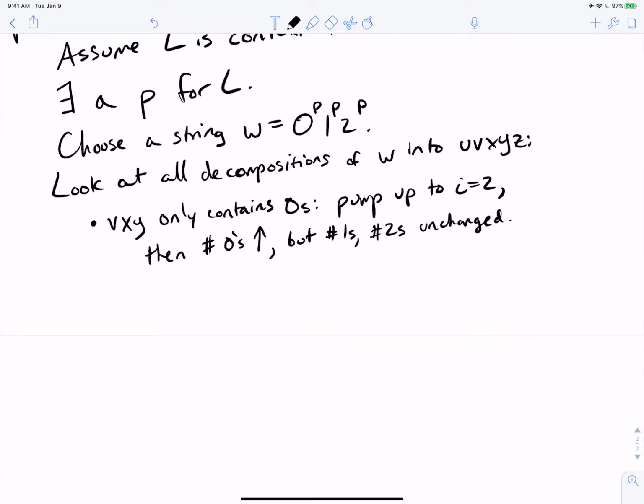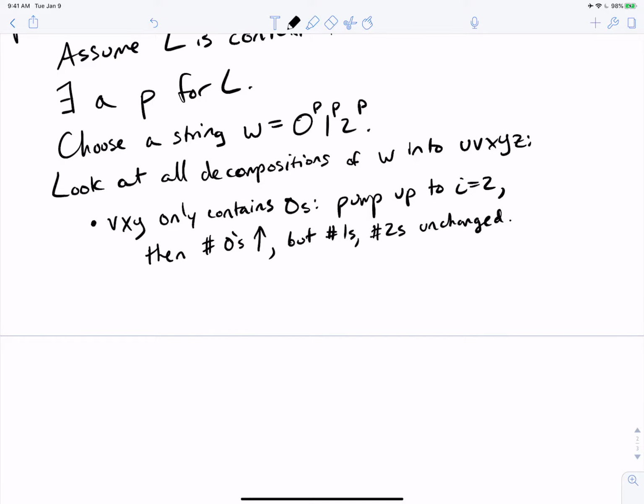Okay, so what if VXY, remember, could be anywhere in the string at all? So what if they were only in the ones? So if the V part was in the ones and the Y part was also in the ones, what could we do then? It's the same argument.